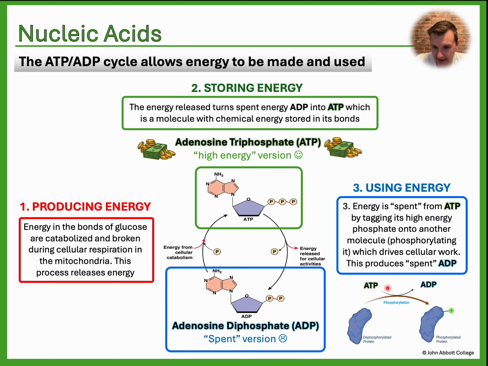So here, for instance, I have my ATP with lots of energy in it, and I phosphorylate. Actually, the ATP gets dephosphorylated. It removes one of its phosphates, but it phosphorylates another protein. So this is a dephosphorylated protein, and this is the process of phosphorylating this protein, where this protein now has a little P on it, a little phosphate, right?